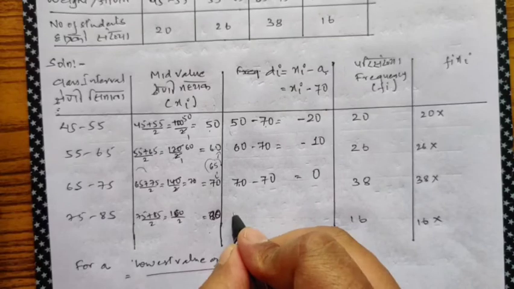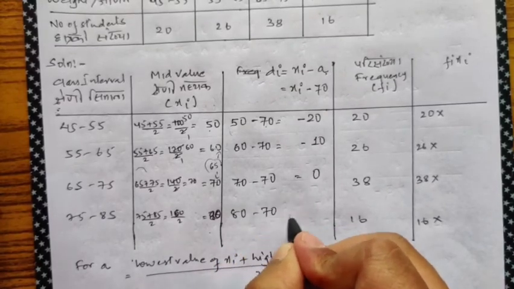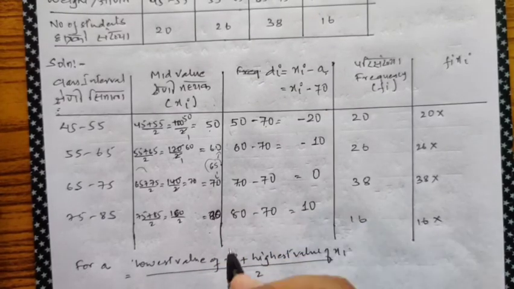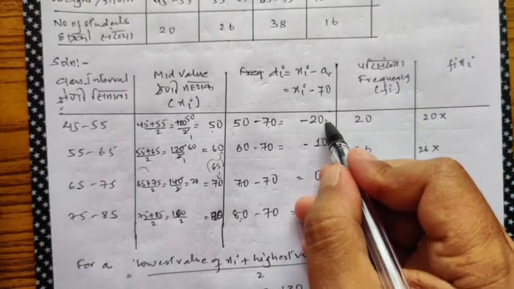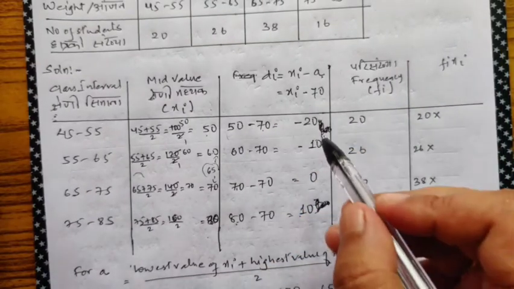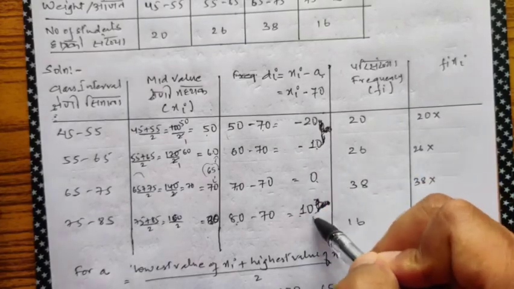Xi is 80, 80 minus 70 is 10. You should keep some space out here. So I got minus 20, minus 10, 0, 10.